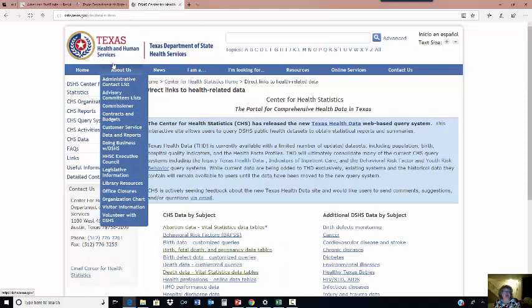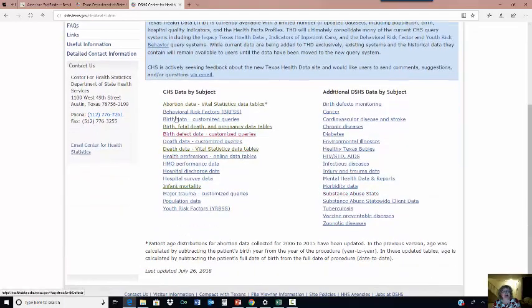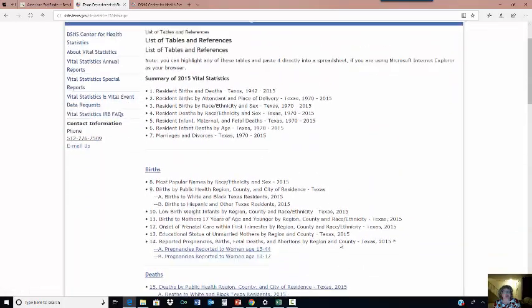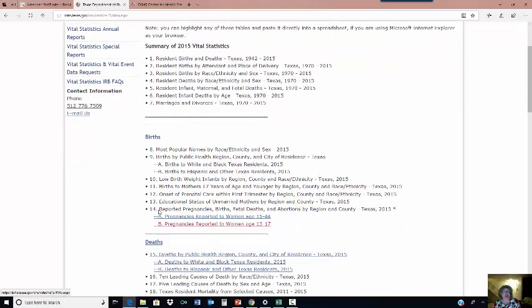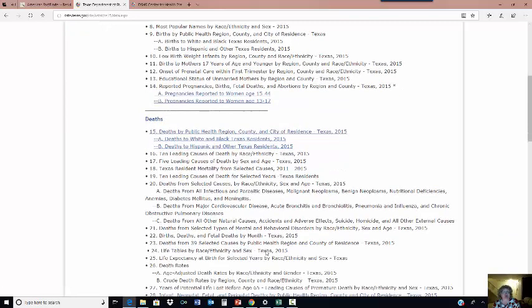You can go to your State Health Department website. For Texas, it's the Department of State Health Services, and you can find all kinds of information on different illnesses and death and other problems. And then you can go here and look at the vital statistics. You can look at the summary of birth and death, the births, pregnancies, and deaths by region, county, and so forth.